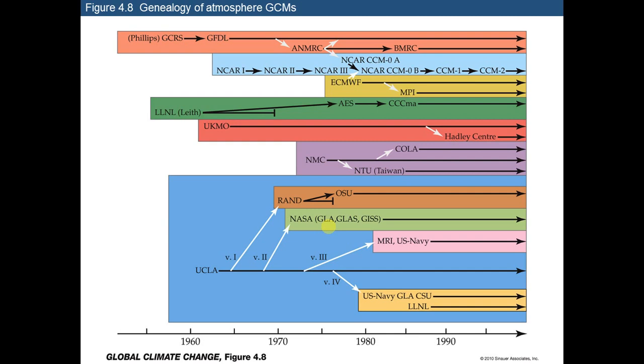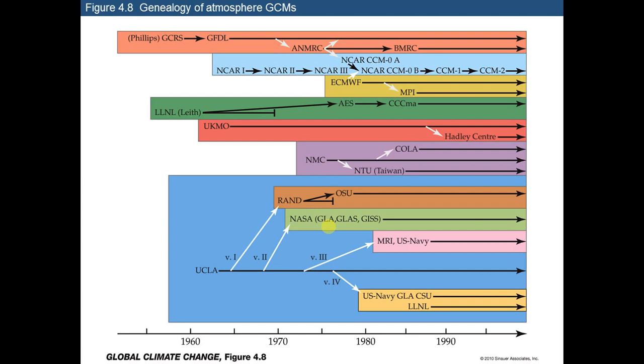The black arrow means a direct line of development, so one climate model was developed directly from another. The white arrow means one climate model had a major influence on the formation of another. And a bar with a tick at the end means development stopped.